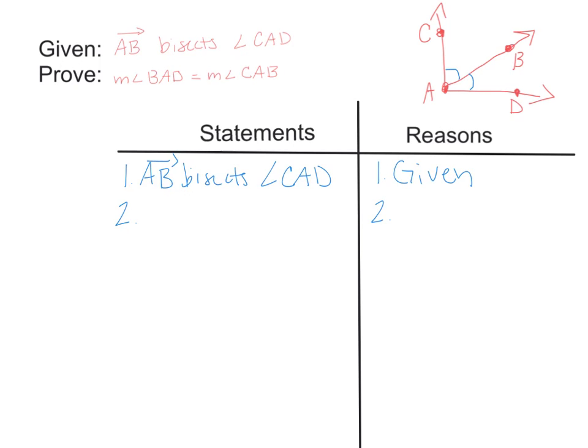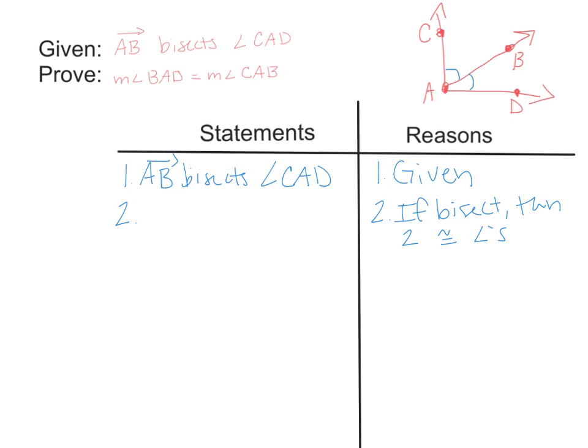Make sure you put in those tick marks, and that will help you figure out what's next. Because if bisect, then 2 congruent angles.